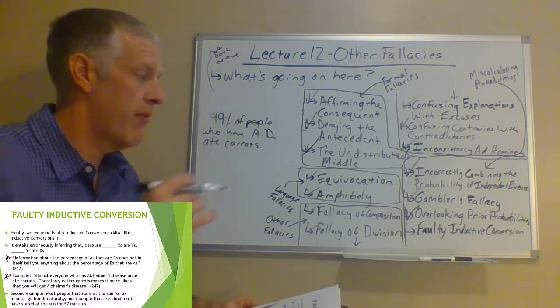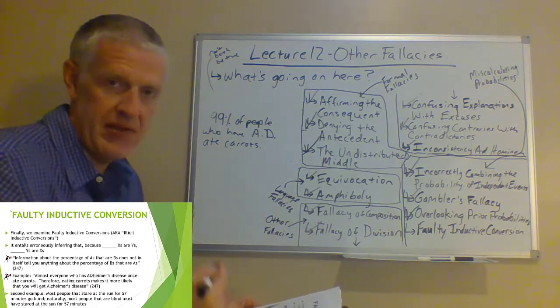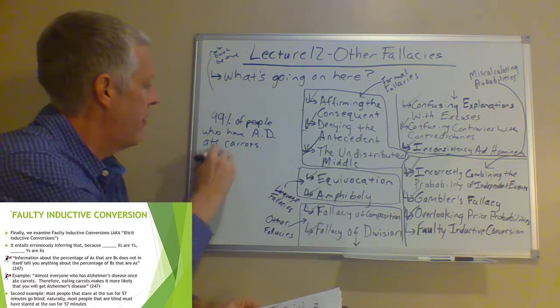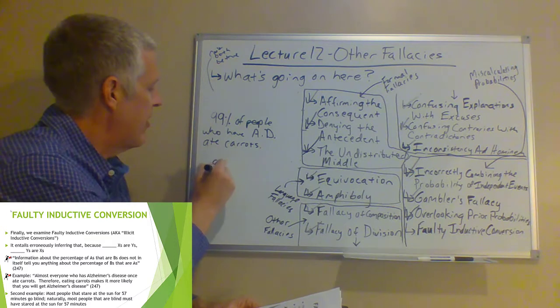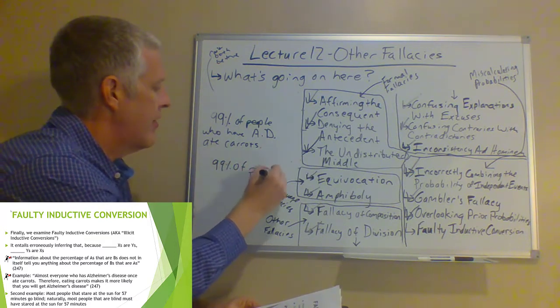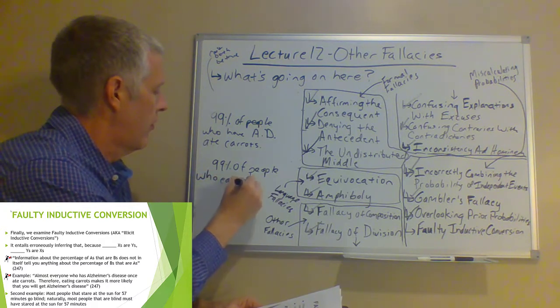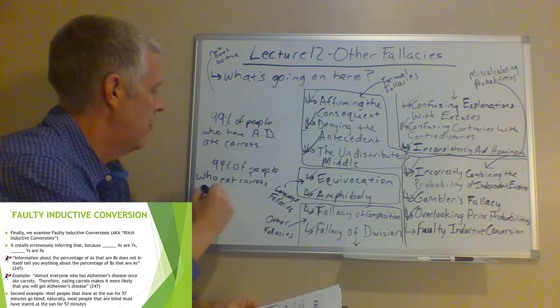If somebody was guilty of a faulty inductive conversion in this case, and this is their example, they would infer that 99% of people who eat carrots are going to get Alzheimer's disease. Well, that's not necessarily true.